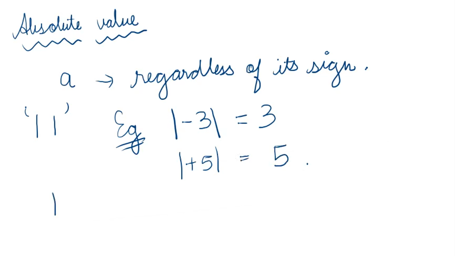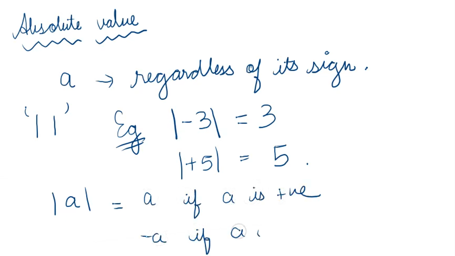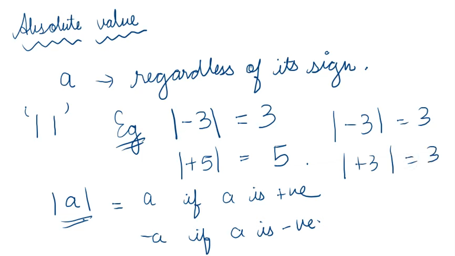In general, how you can conclude is mod of a is equal to a if a is positive and minus a if a is negative. That is this value. Okay, so mod of minus 3 equals 3, mod of plus 3 equals 3.